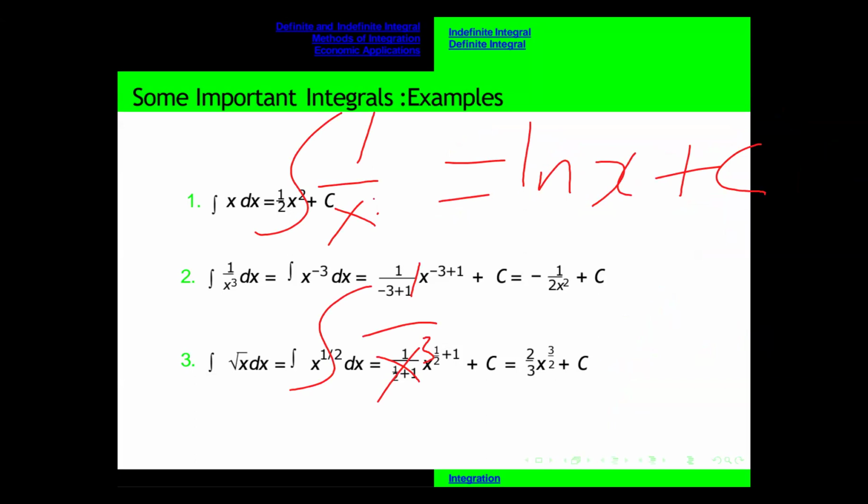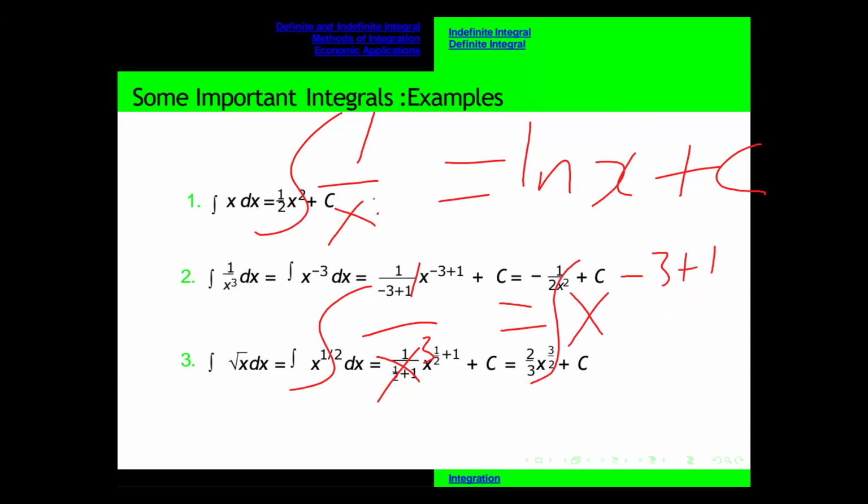It is wrong to say this is equal to the natural log of x to the power 3. No, you don't do that. Get it? Remember. So you just basically have to rewrite this. This will be x to the power negative 3 first of all, then you start integrating.